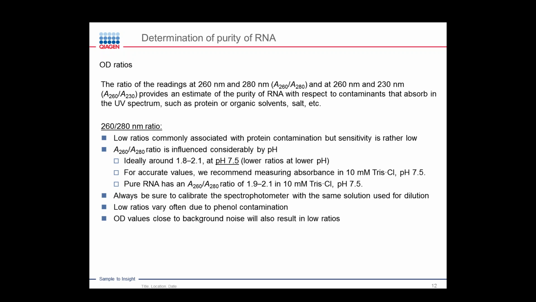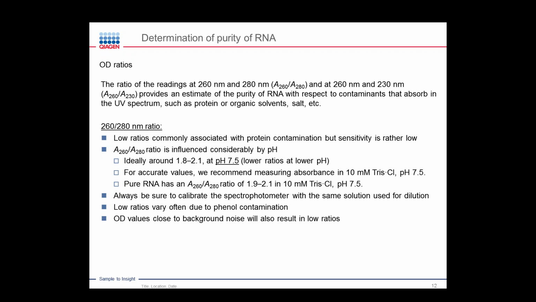It takes a relatively large amount of protein contamination to significantly affect the 260/280 ratio in a nucleic acid solution. That means the 260/280 ratio has a high sensitivity for nucleic acid contamination in protein solution, but lacks sensitivity for protein contamination in nucleic acids.